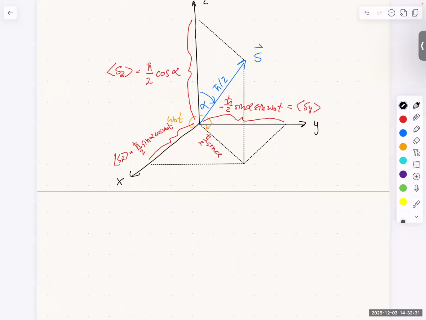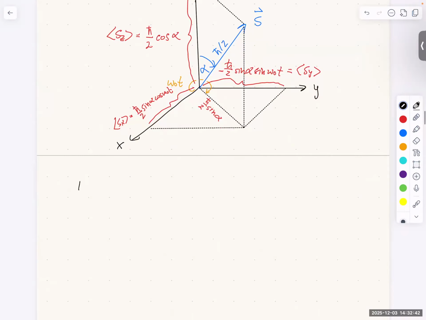And so you can see where that interpretation of alpha is. The alpha is the angle that the spin makes with the applied field. So the spin S precesses about the knot, which is aligned with the z-axis.